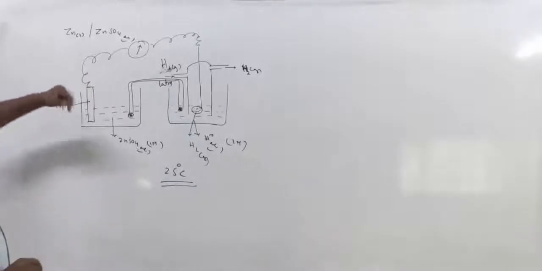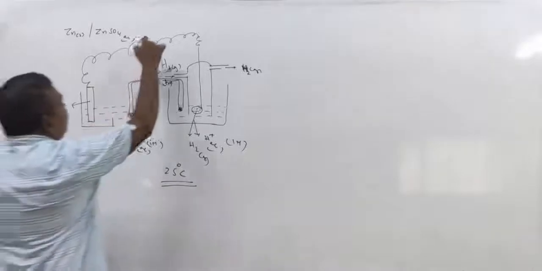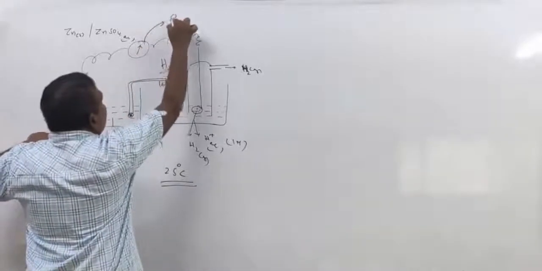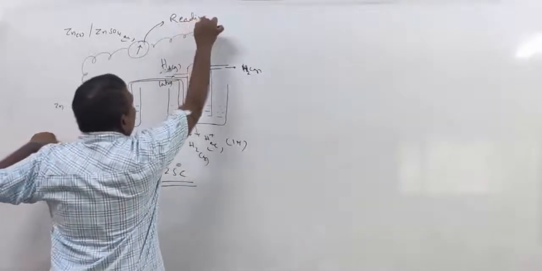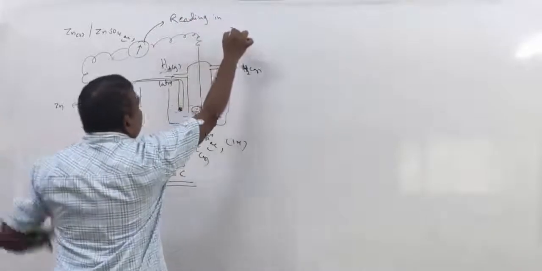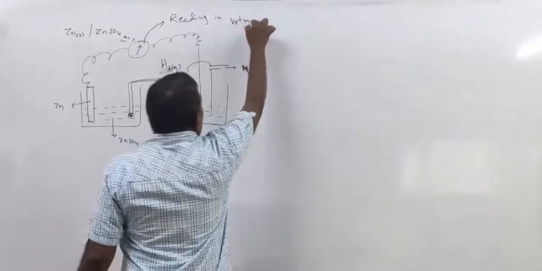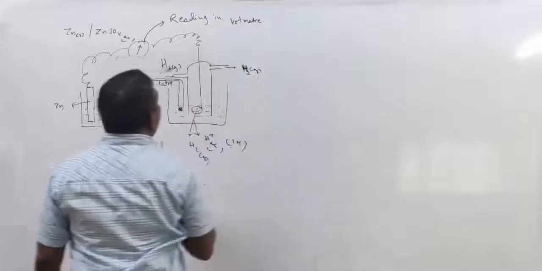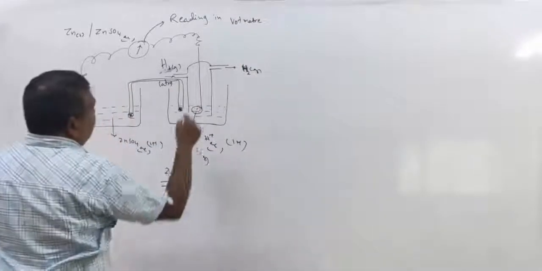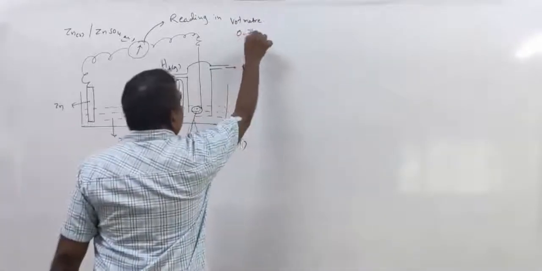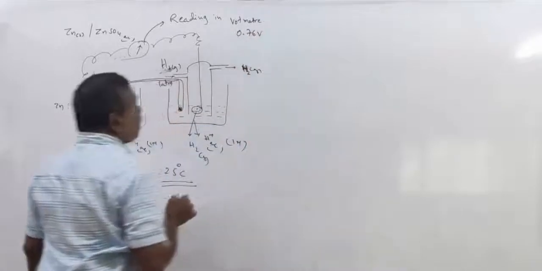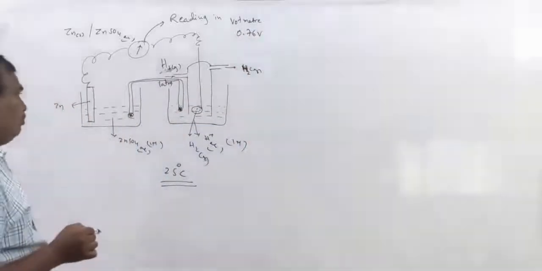Now, it becomes an electrochemical cell. And here the reading in the voltmeter is 0.76 volts, an experimentally observed fact.